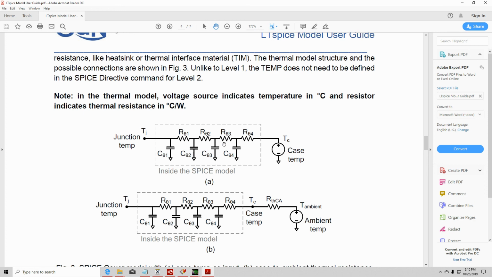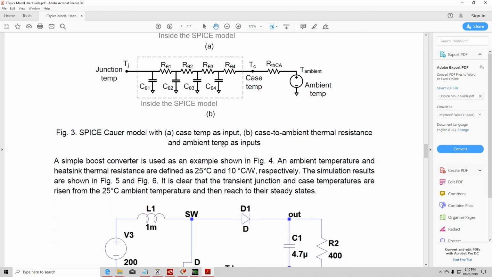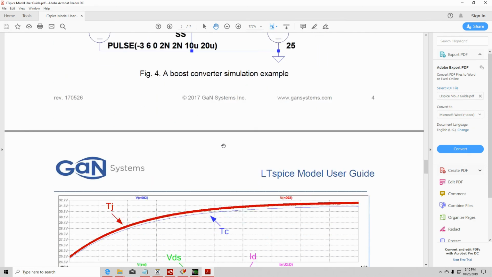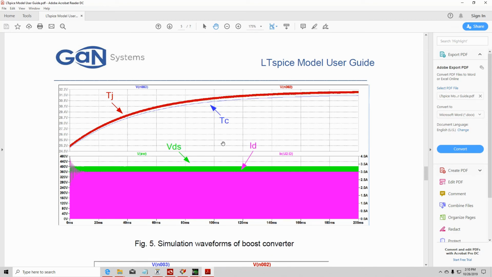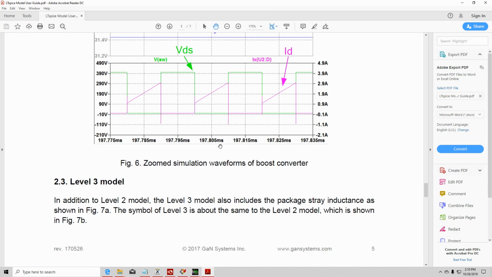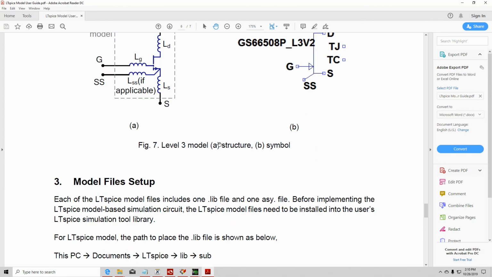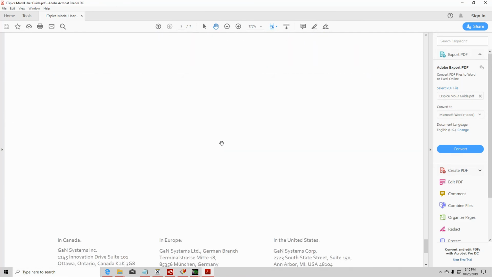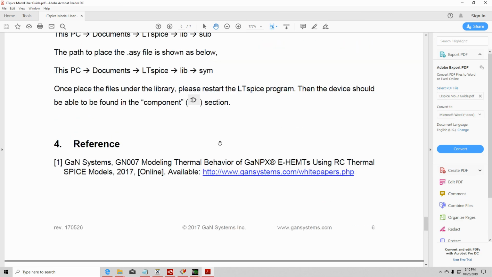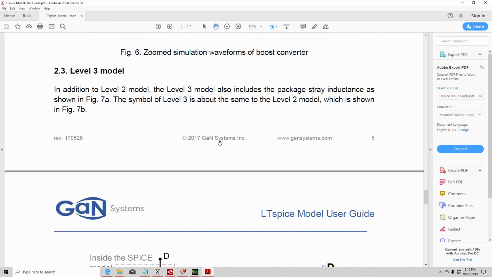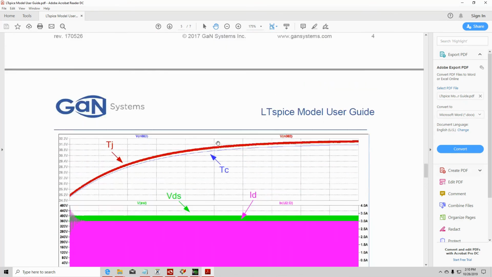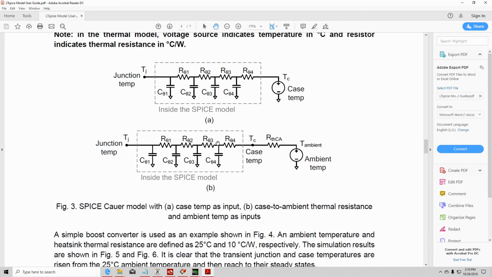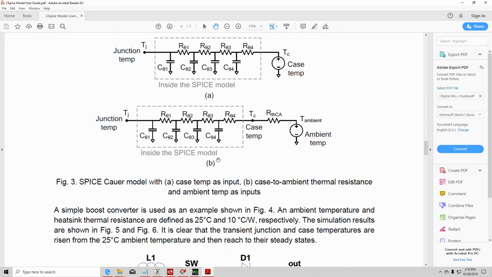Okay, and then if you take a look, I believe they may have the numbers here. At least I thought I saw them. Maybe not. It may be in the PSpice one, but they do have the values of these right here.